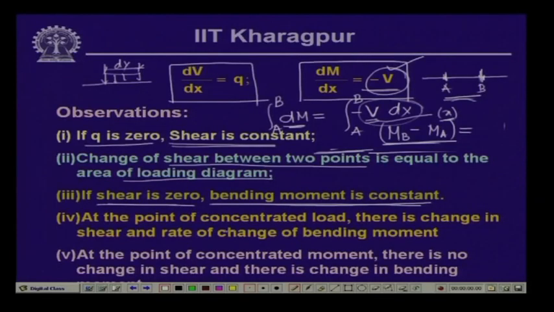Now, at the point of concentrated load, there is change in shear and rate of change of bending moment, that is what we have observed right now, and at the point of concentrated moment there is no change in shear, but there will be change in the bending moment. So, these are the different kinds of loading as we have looked into, and their relationship with the shear and the bending moment can be summarized in this form.